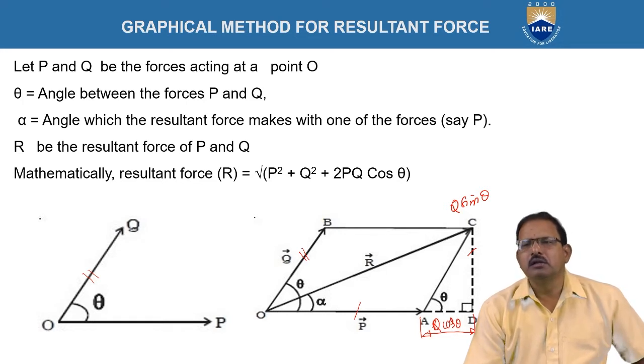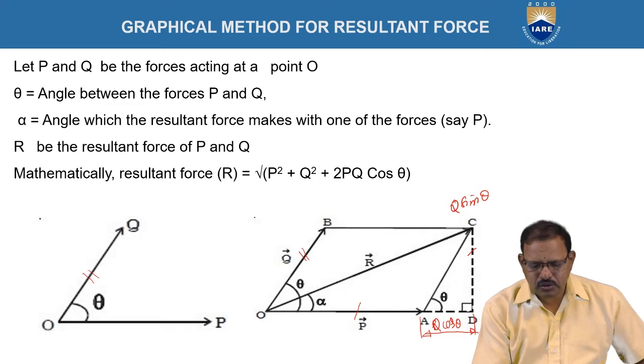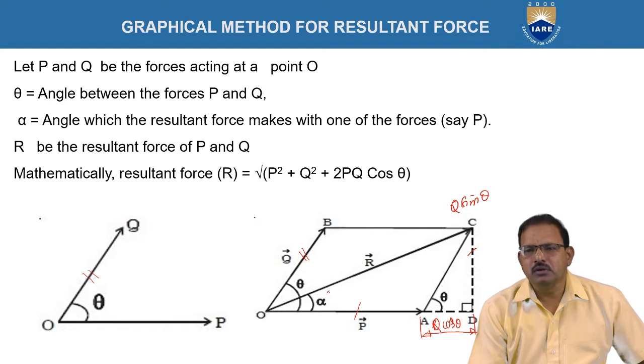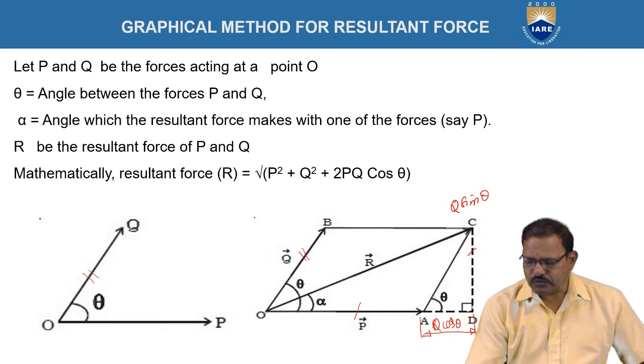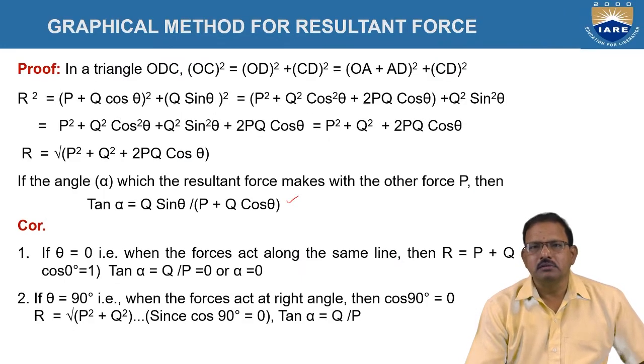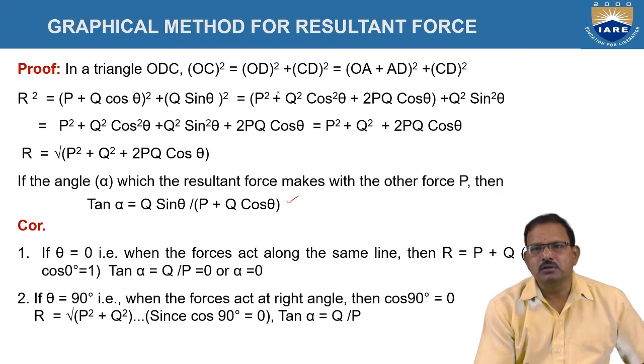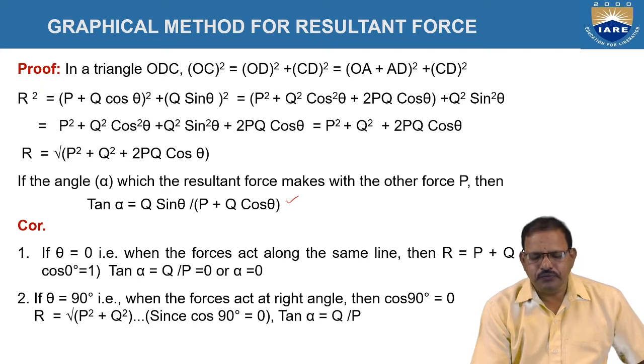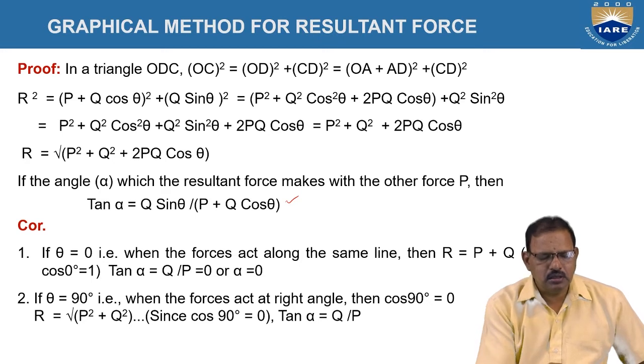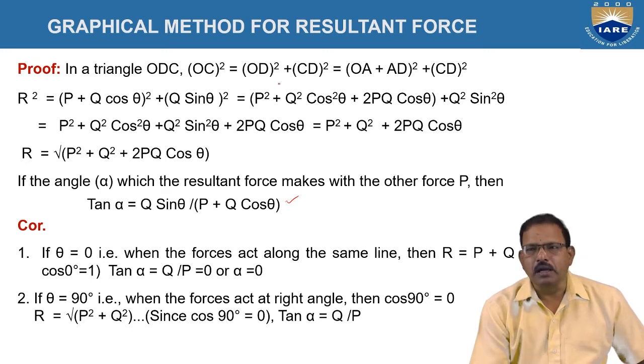Now, according to trigonometric relations, since it is a right angle triangle, OC square is equal to OD square plus CD square. Since OD is equal to OA plus AD, OC square equals OA plus AD whole square plus CD square, which is P plus Q cos theta whole square plus Q sin theta whole square.